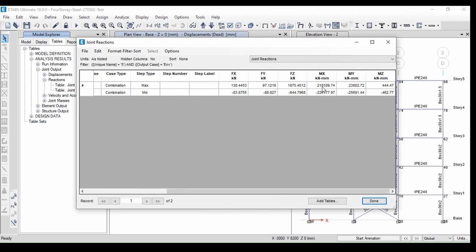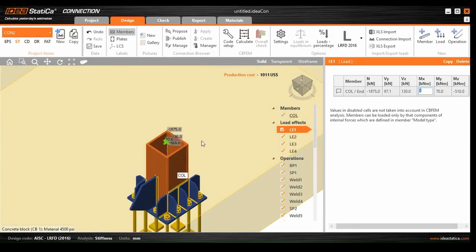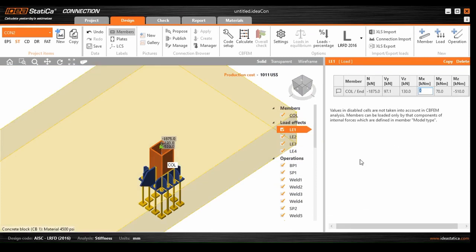It's 280 kilonewton meter. Here we have to put it as MZ, 280.